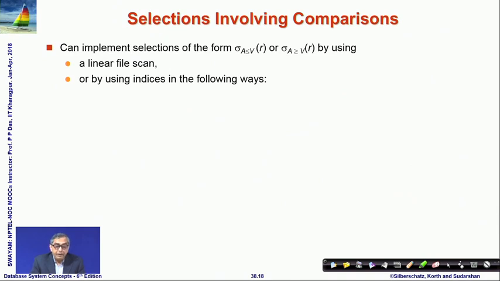This is a very common selection condition, where we are selecting on less than or equal to or greater than or equal to kind of conditions. We can implement this using a linear file scan or by using indices in a certain way. Using indices, we will certainly have a better performance.